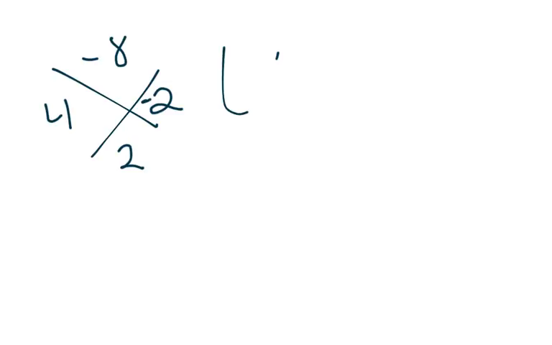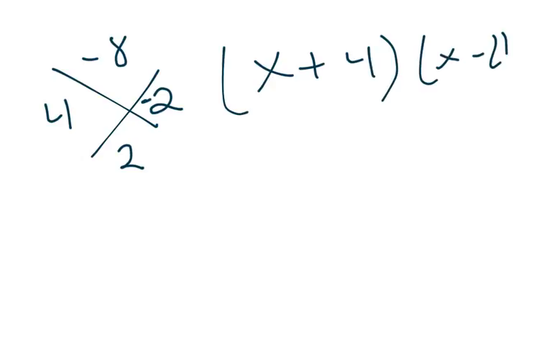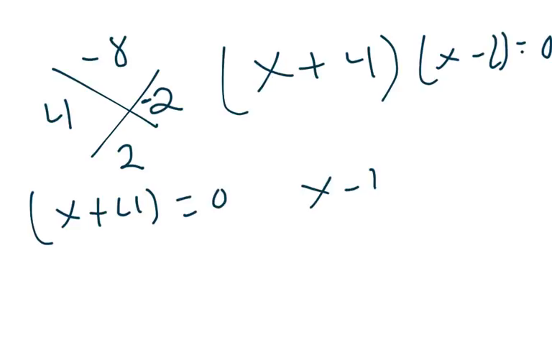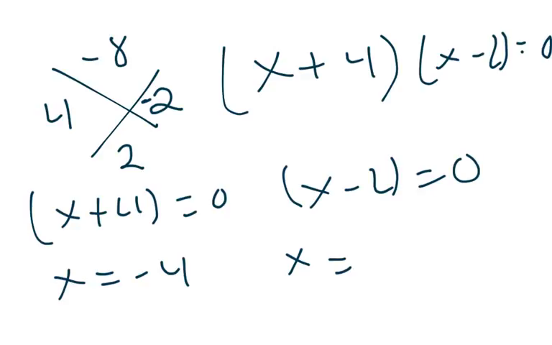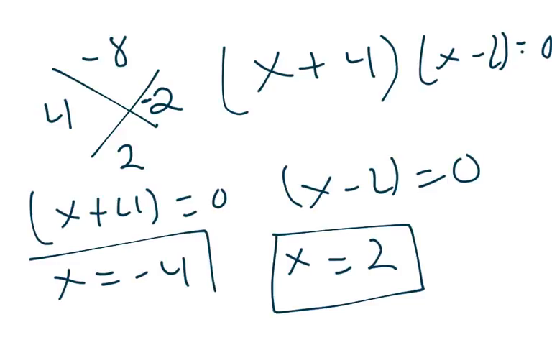Then it will be x plus 4, x minus 2 equals 0. Now we set each one to a separate equation: x plus 4 equals 0, x minus 2 equals 0. So x equals negative 4 and x equals 2. So this is the x value that we find.